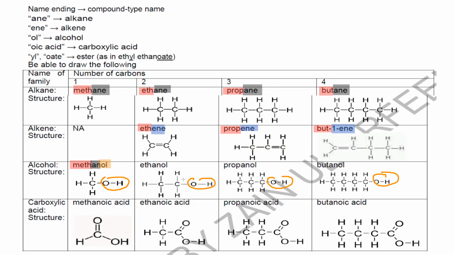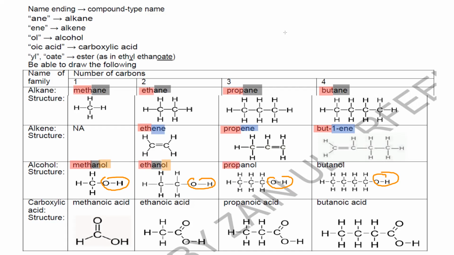Same way, with 2 carbon atoms, it is eth. Because of the 2 carbon atoms, they have a single bond between them, it's an, and due to the functional group, it will become ol. So it is ethanol.